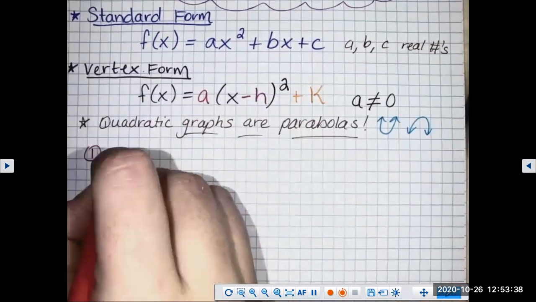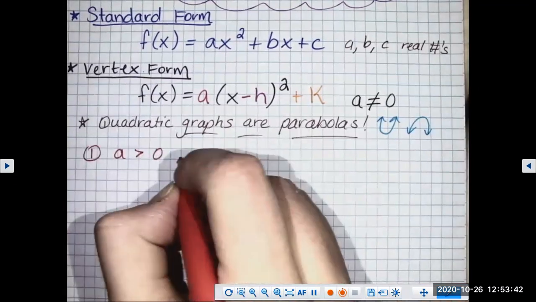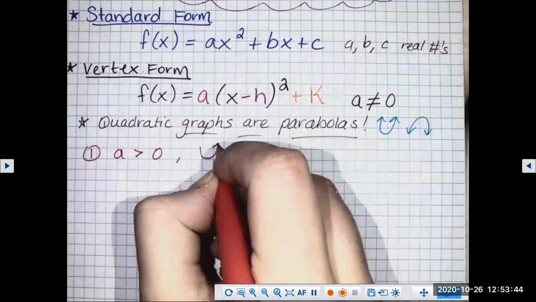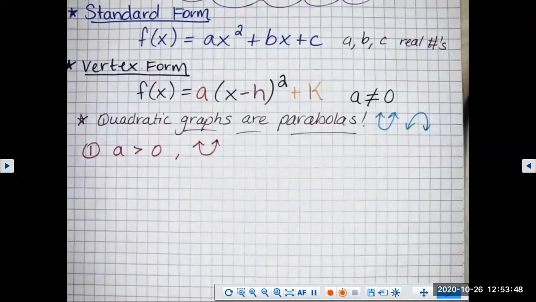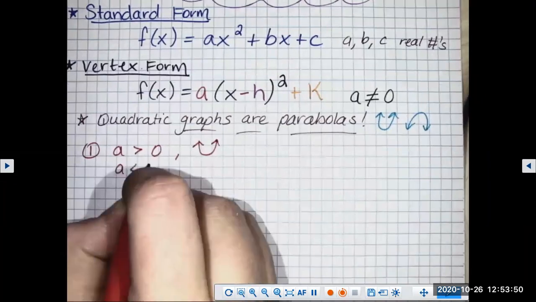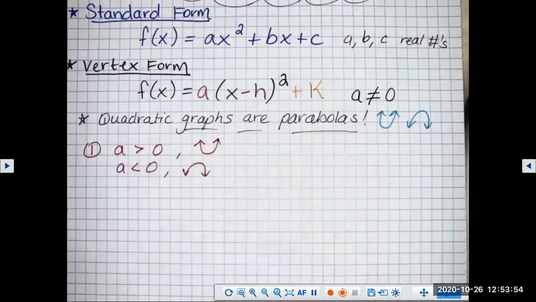So if a is greater than 0, meaning positive, then your graph is going up. If a is less than 0, meaning negative, then it's going to flip your parabola down.